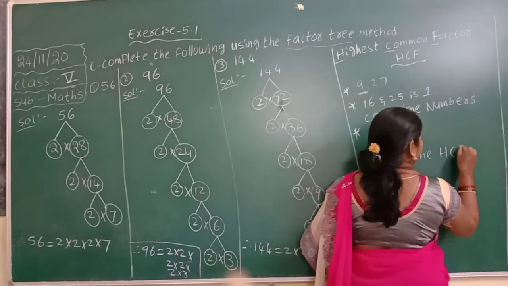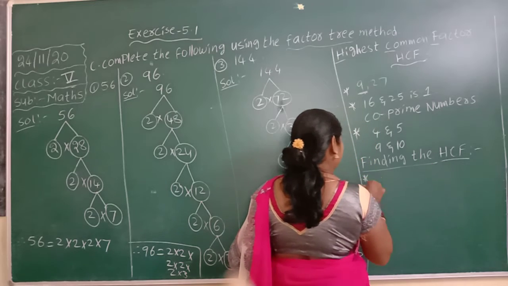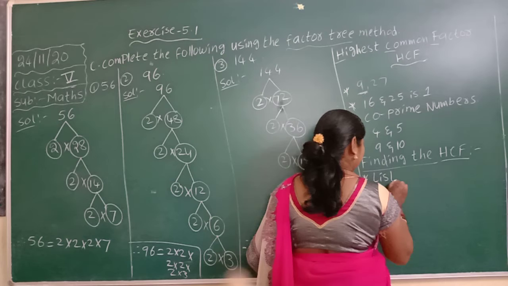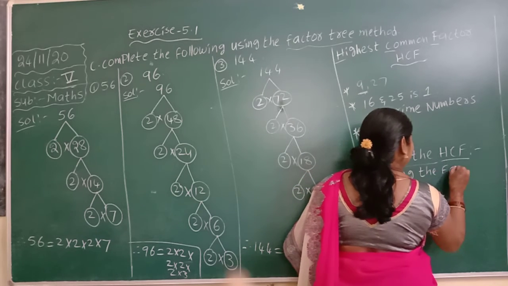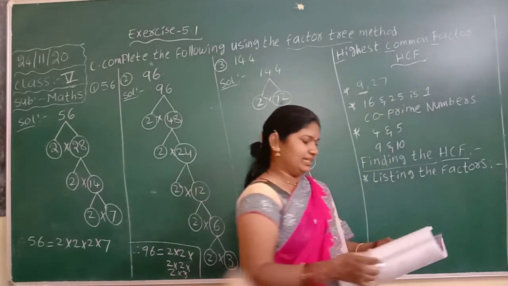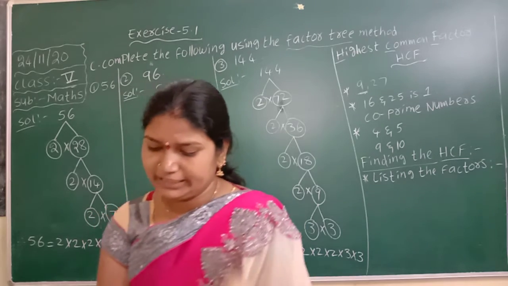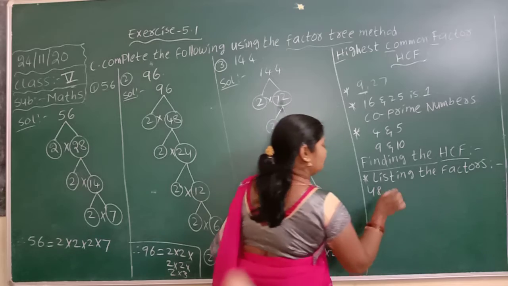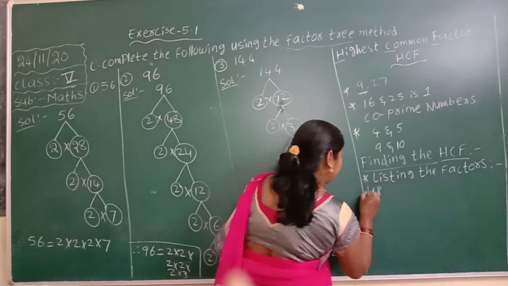In finding the HCF, we have first the factors method. If the number given is 48, you have to write down the factors of 48.